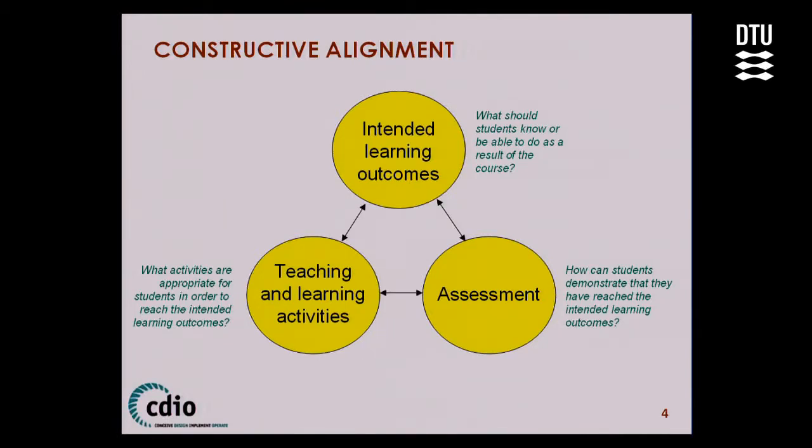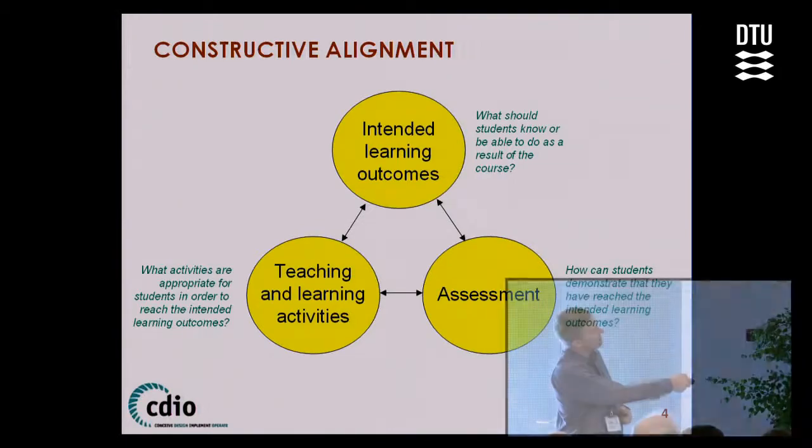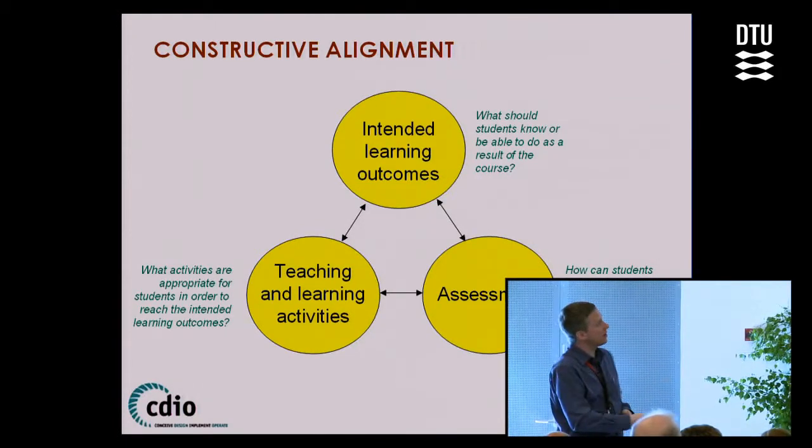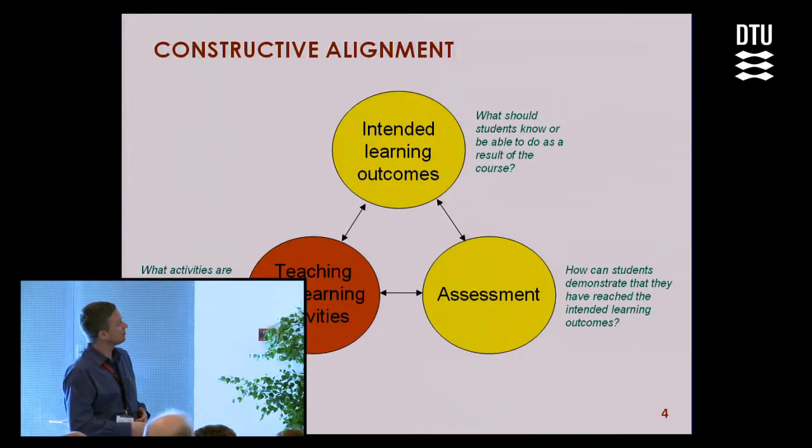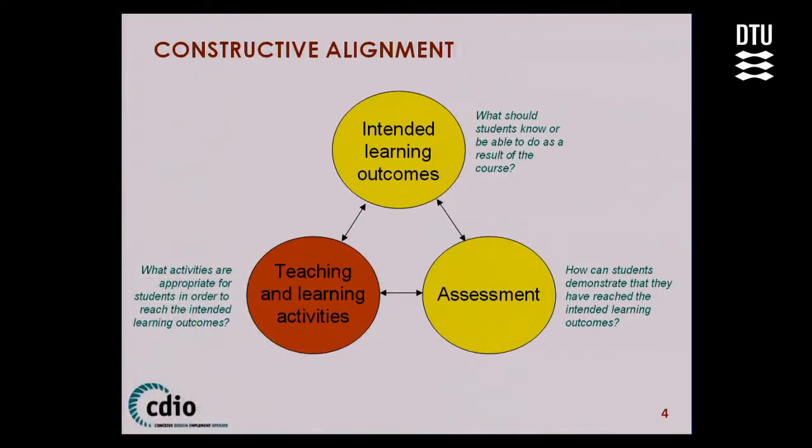And purposely, these arrows go in both directions, that the assessment process is related to the learning outcomes in both directions. Okay? Now, we're going to concentrate on the teaching and learning activities in this talk, and we're going to look at some ways in which you can get the students involved in their own learning rather than being passive observers, not being involved at all.